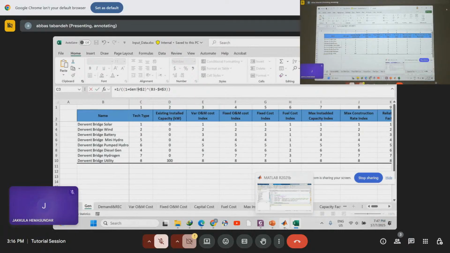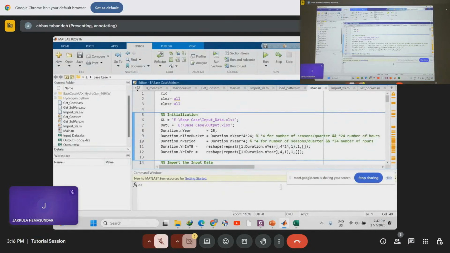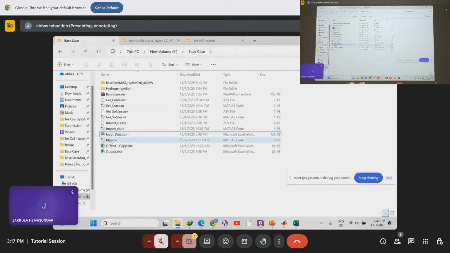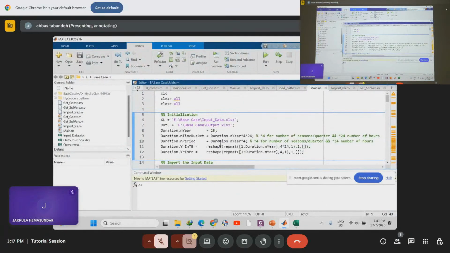So if you don't have any questions, I will go to the codes. You need to open the main file. If you double click on the main file, you can see the MATLAB M file that we have developed already.